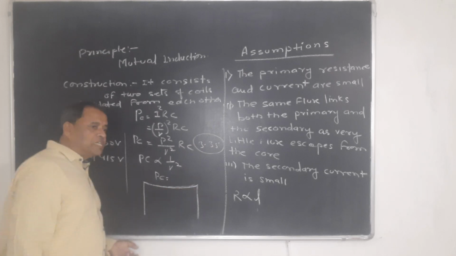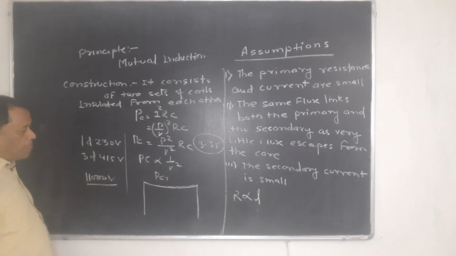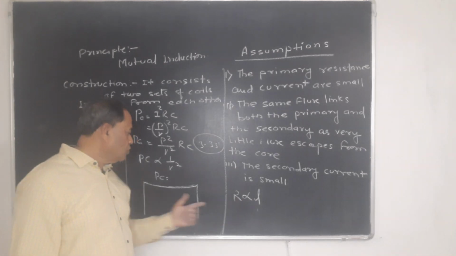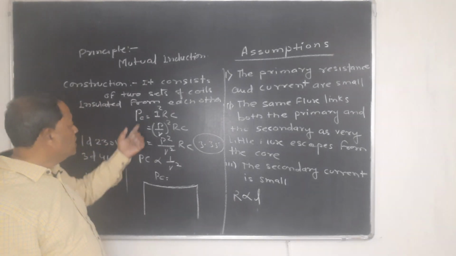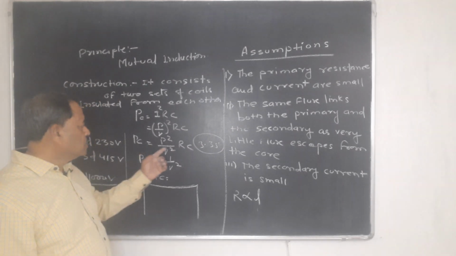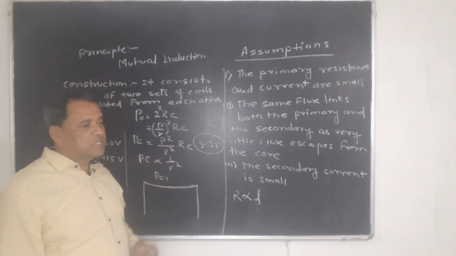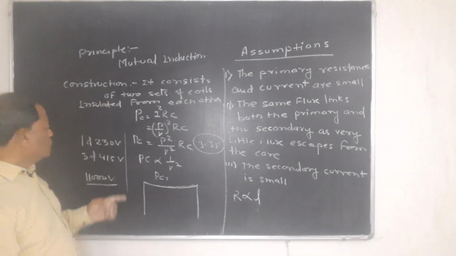At generating stations, generating voltage is 11,000 volts. As the length of the cable goes on increasing, we have to increase the voltage to minimize the waste of power in the cable. And this equation is given in the NCERT book, 3.35 in the current electricity chapter.